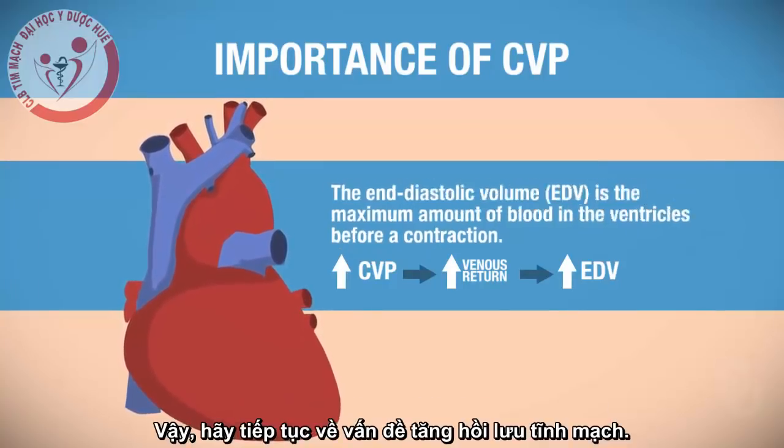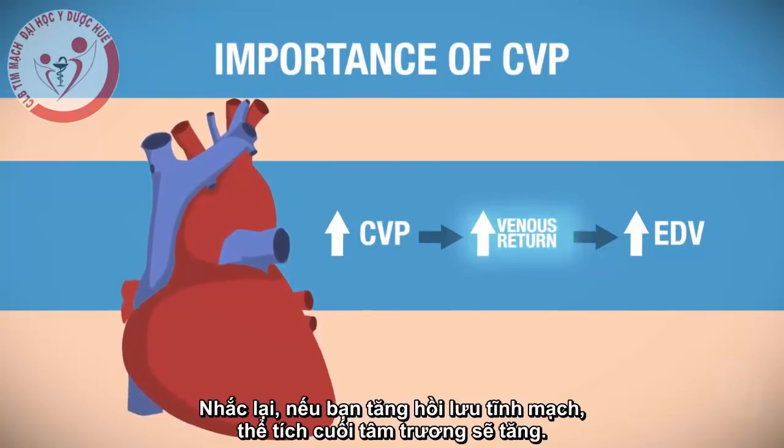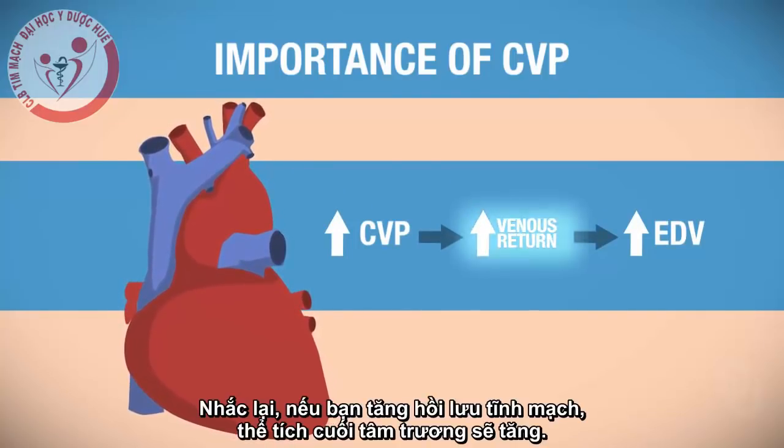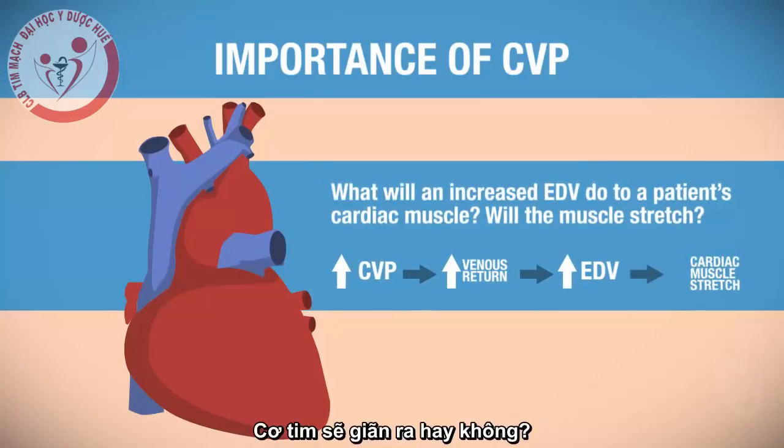So let's continue with the idea of increasing the venous return. Again, if you increase venous return, that will increase the end diastolic volume. So what will that do to the patient's cardiac muscle? Is the cardiac muscle going to stretch or not?